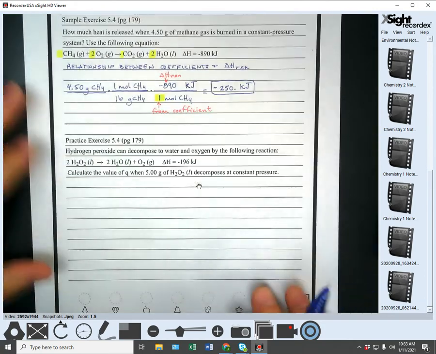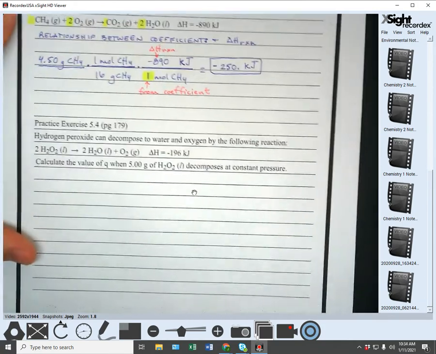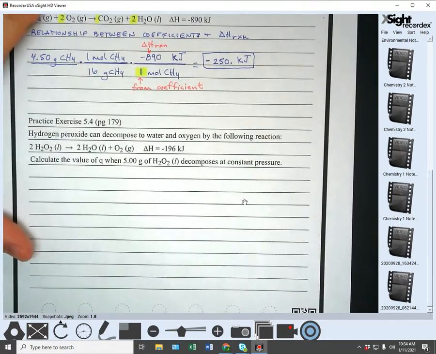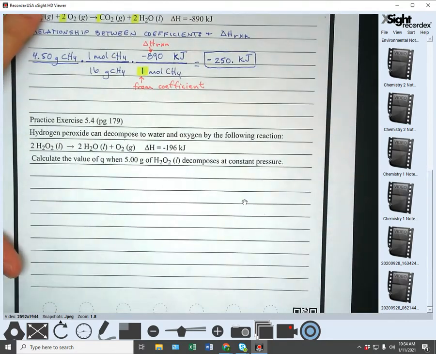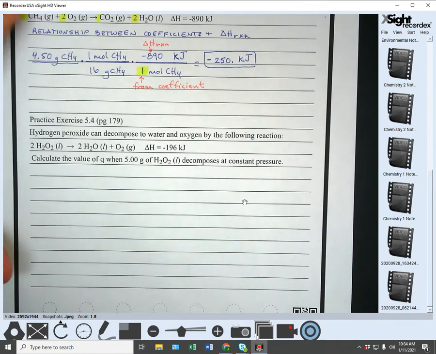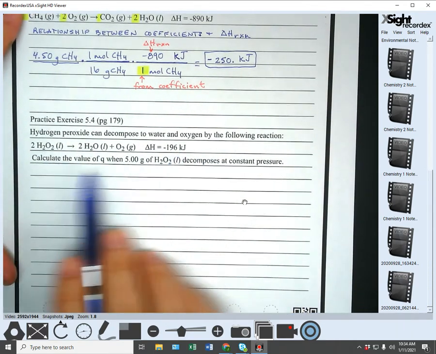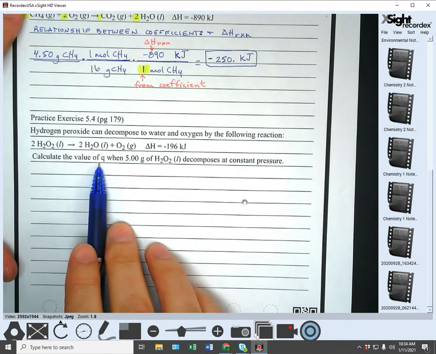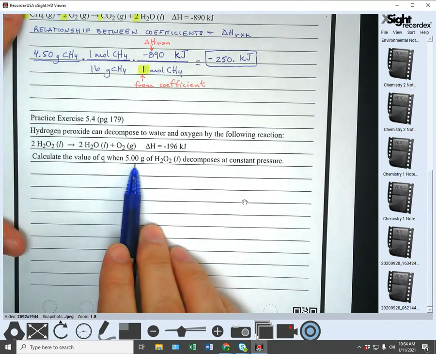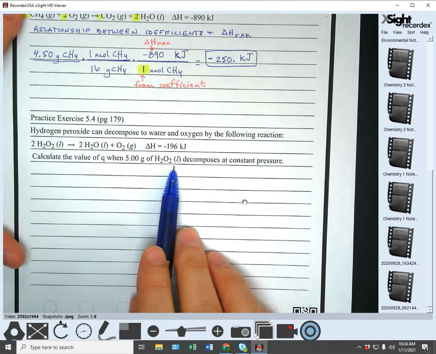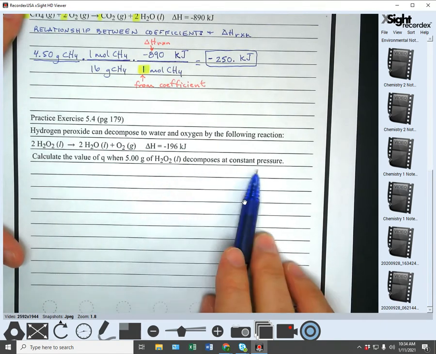So let's take a look at the practice exercise from the same page here. Hydrogen peroxide can decompose to water and oxygen by the following reaction. So we've got the thermochemical equation with our delta H of the reaction. Calculate the value of Q when 5 grams of H2O2 liquid decomposes at constant pressure.